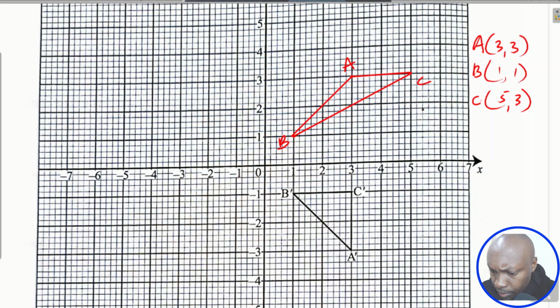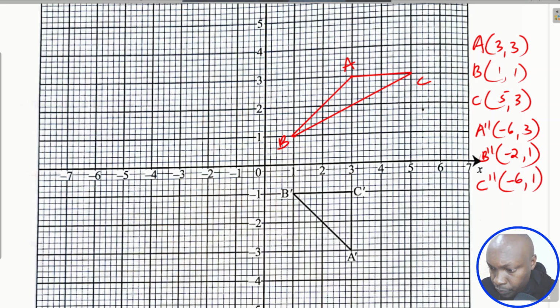Then the other one is A double prime. A double prime is -6, 3. Then B double prime is -2, 1. Then C double prime is -6, 1. So let us plot these. -6, 3 will be here, that is A double prime.